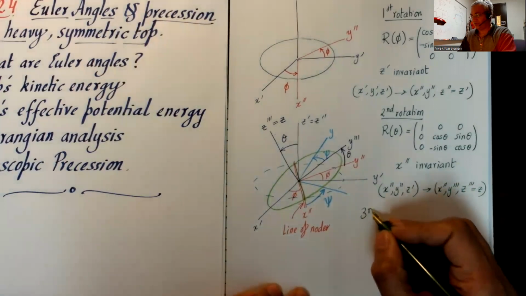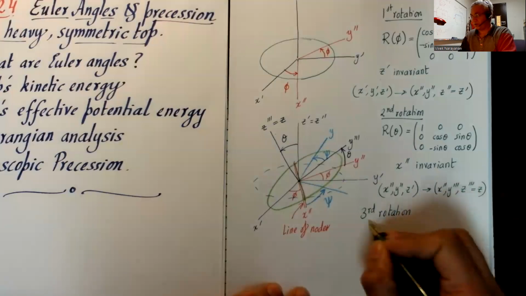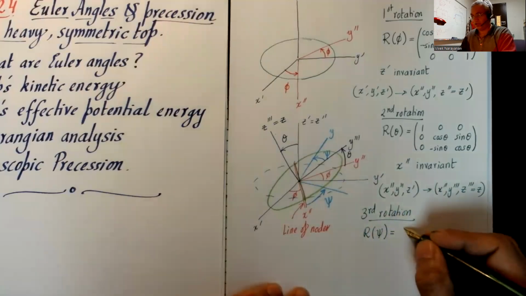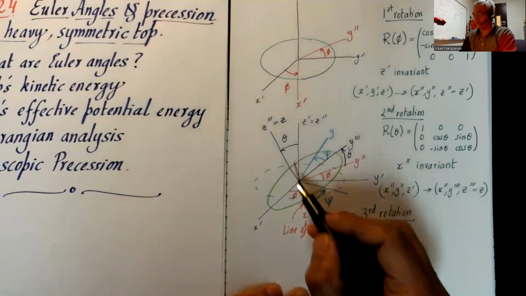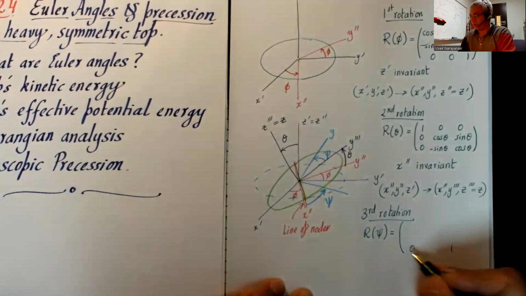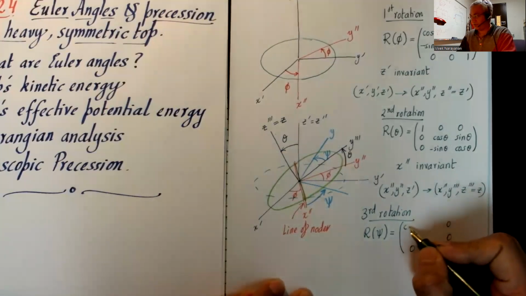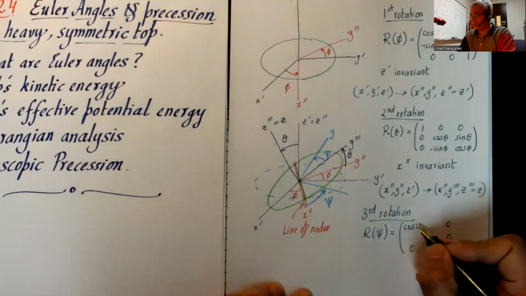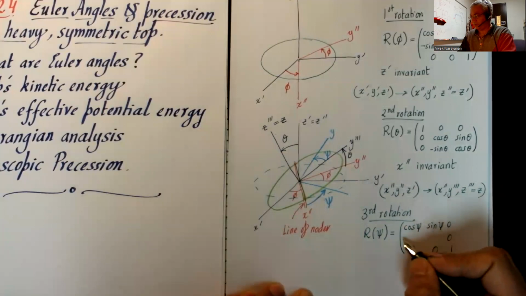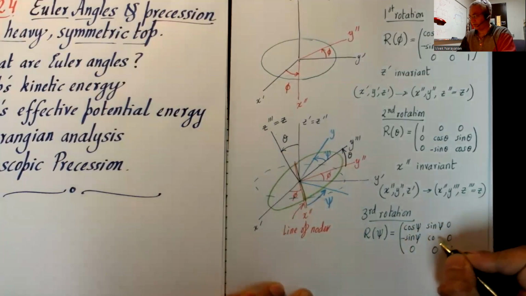So the third rotation would be R as a function of psi. Since again, this is with respect to the z-axis, I keep the z-coordinate invariant. And since the rotation is counterclockwise, I get cosine, sine, negative sine, and cosine.